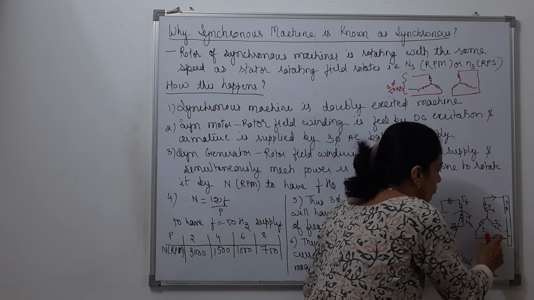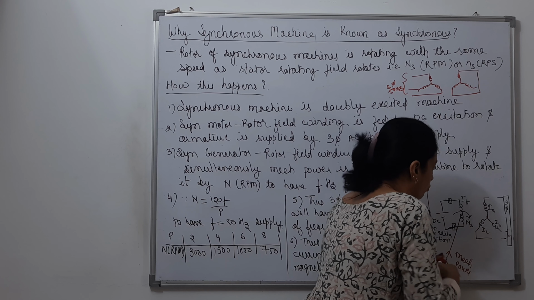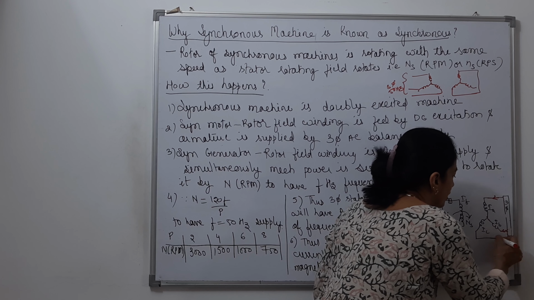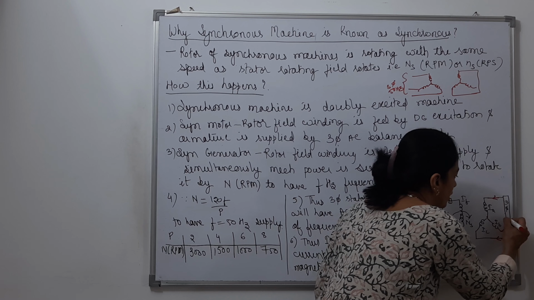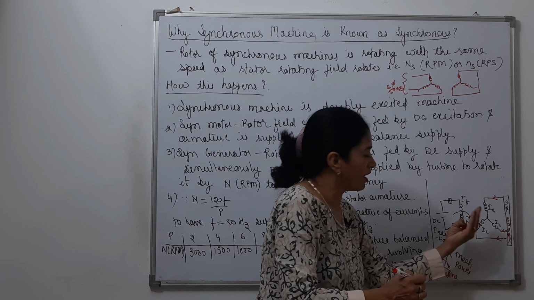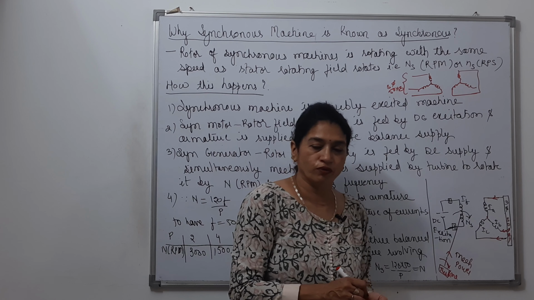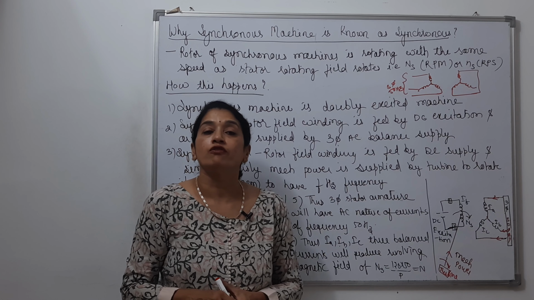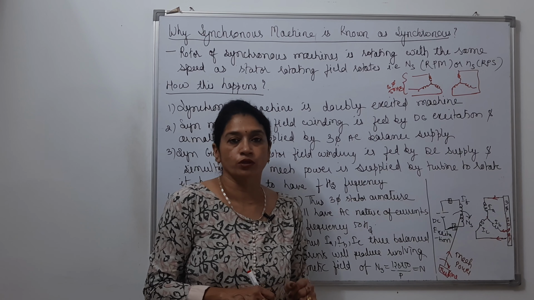Here I have the three-phase supply fed to the armature winding over the stator, and here I have the DC excitation fed to the field winding placed over the rotor.